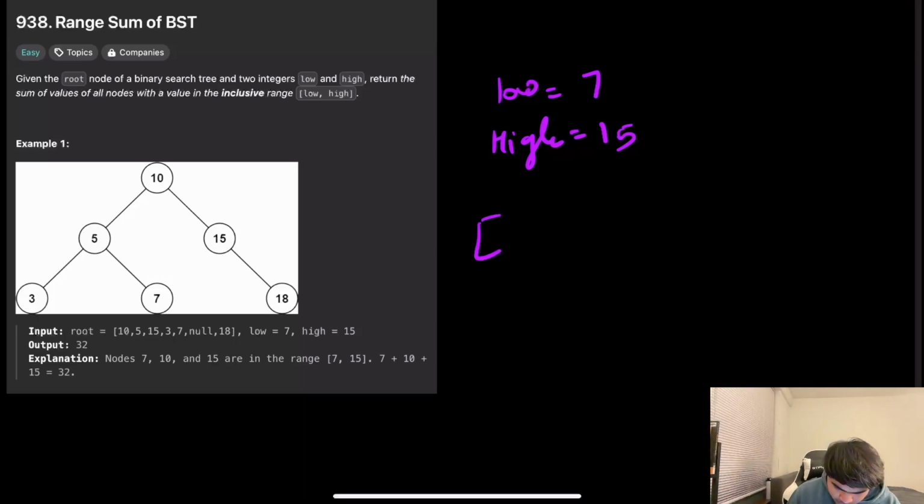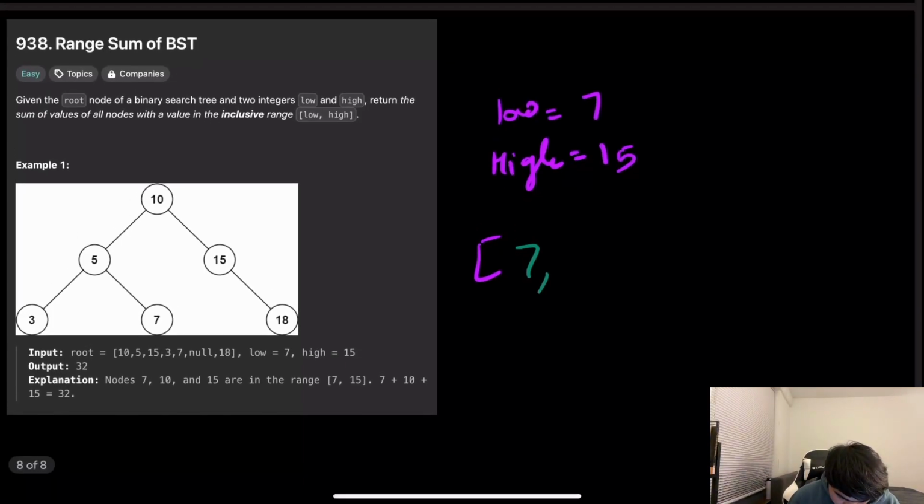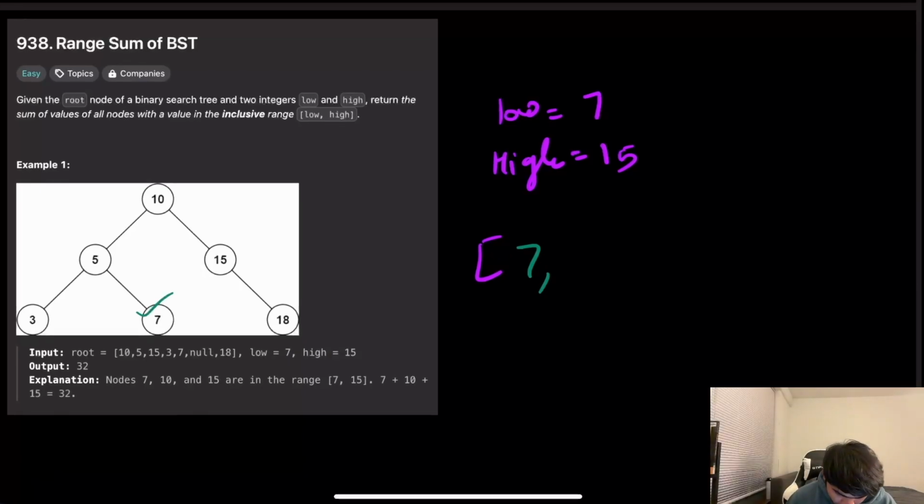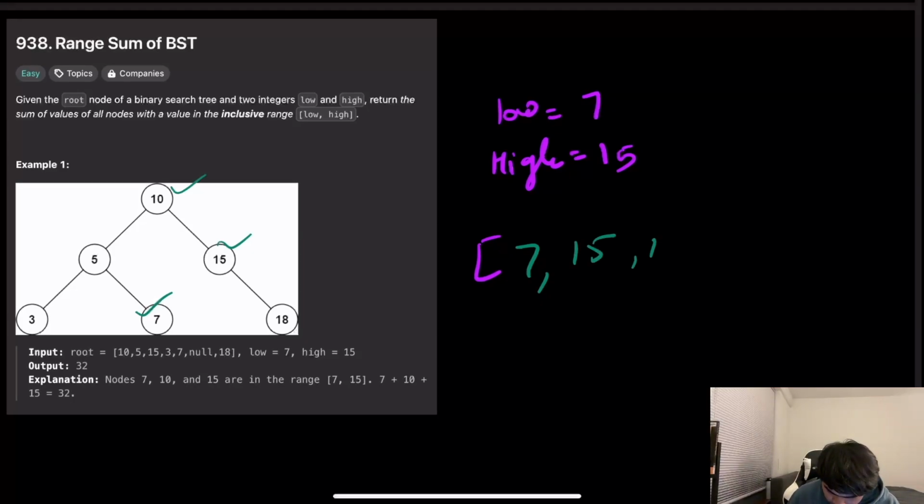So we have 7 here. We have 15 here, and we have 10 here. So if we are adding all of them up, we get 32, which is 15 plus 10, 25, and 7, 32. Now, see, it's a fairly easy problem.